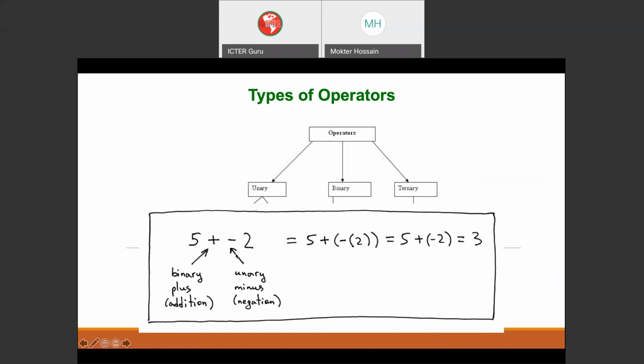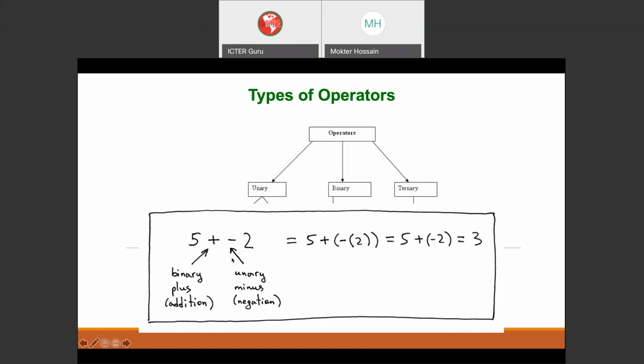In a computer program you write it this way: 5 plus, with parentheses around the minus 2. In a computer program you cannot write it the other way. Two operators cannot stay together most of the time. Sometimes we need to use extra parentheses.